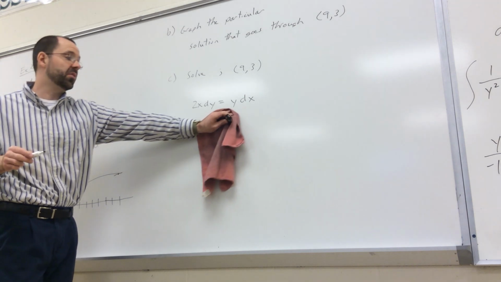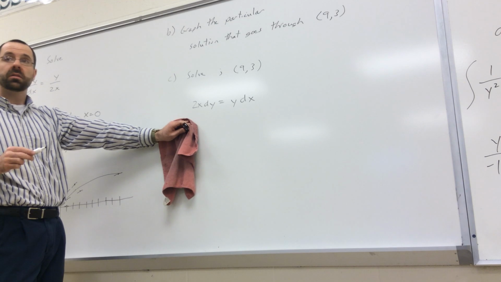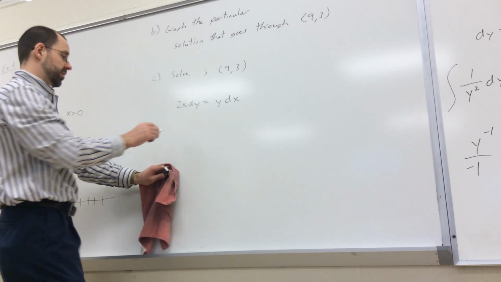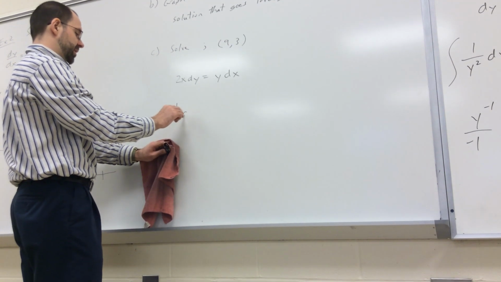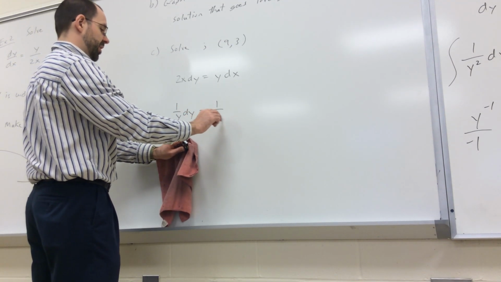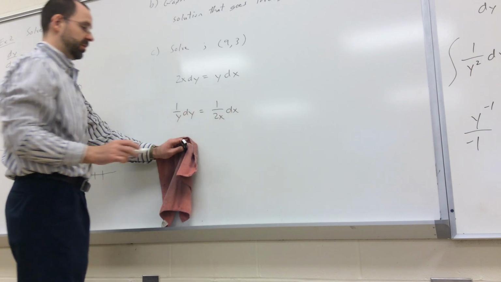And then I'm going to divide the y over. And at the same time, I'm going to divide the 2x over. So it'll say 1 over y dy equals 1 over 2x dx.